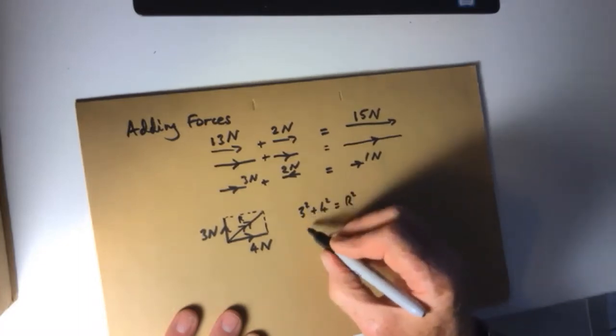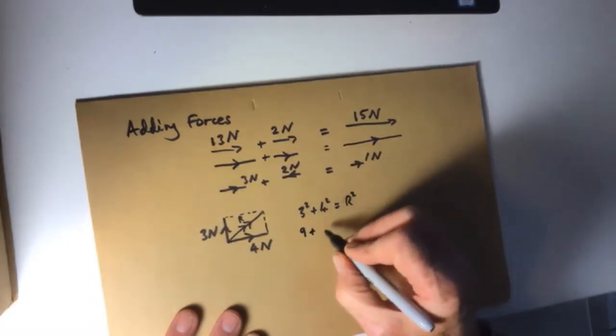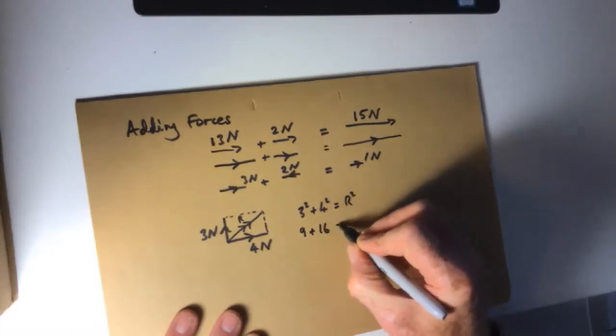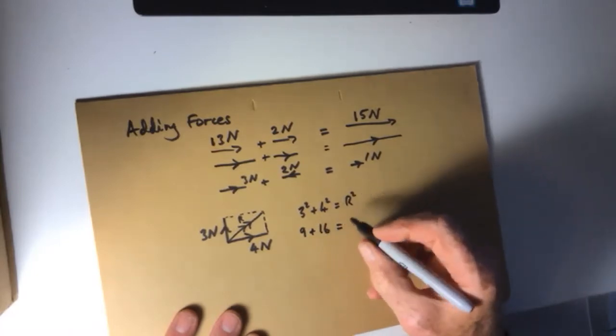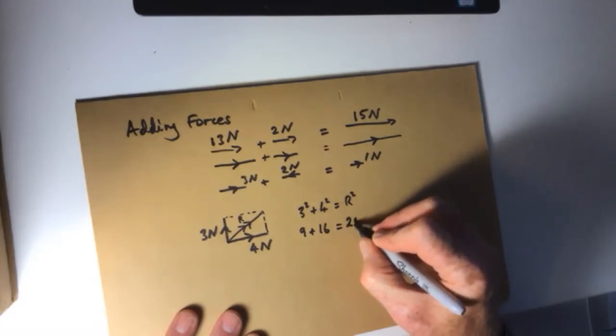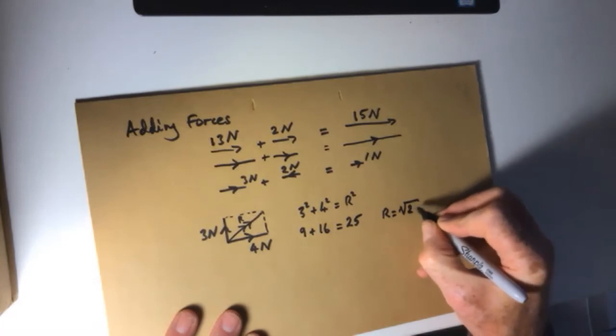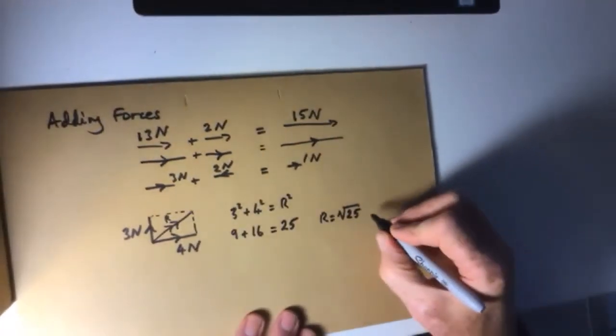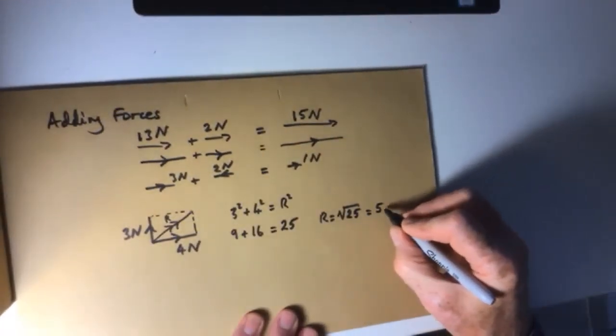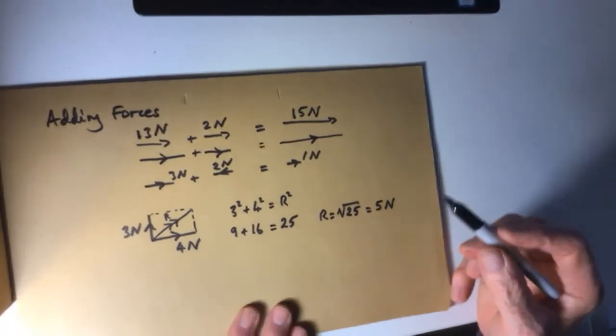Yeah, 3 3s are 9. 4 4s are good, 16. That's going to equal to R squared. Well, that's equal to 25. So R equals the square root of 25, which equals 5 newtons. Okay.